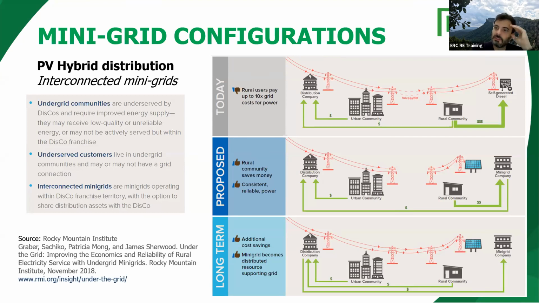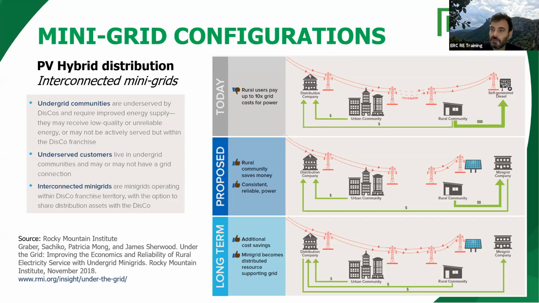This is a process of evolution of different topologies, situations where communities at the moment are not served, or they are served with electricity through some expensive or inefficient, not even operational solutions, that can eventually be connected to the grid.